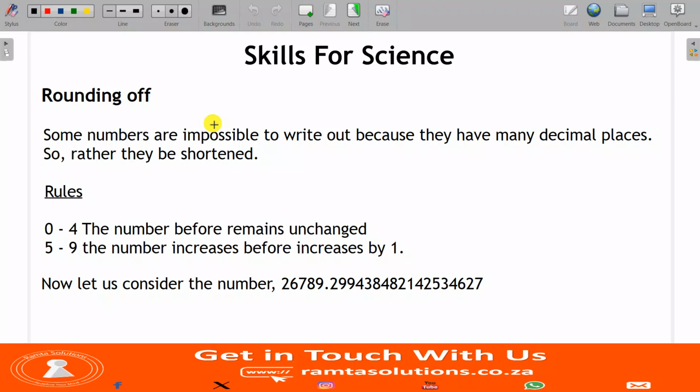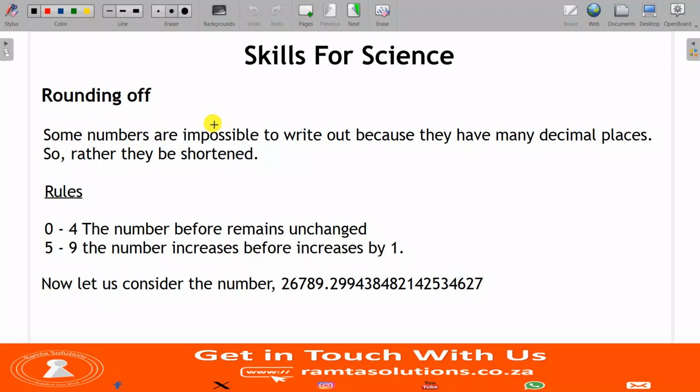Because here we're looking at rounding off decimal places, the rule, as was the case for rounding off to the nearest 10, nearest 100, nearest 1,000, and so on, is still the same. When the number after the number in question is 0 to 4, the number before will remain unchanged.